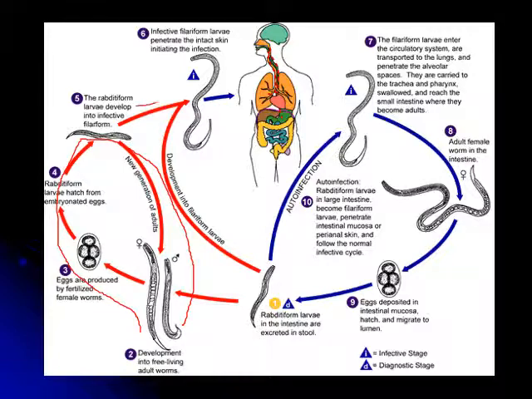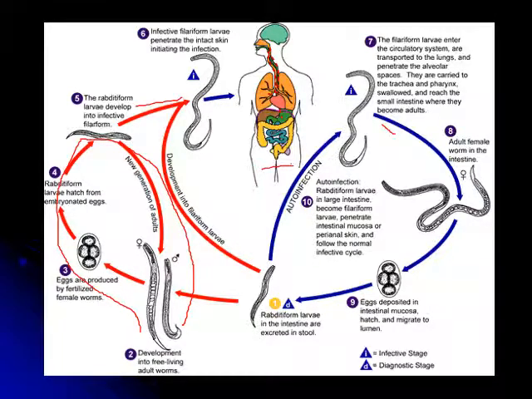When rhabditiform larva transforms into filariform larva, it penetrates human skin and makes the life cycle inside the human the same as in the case of ankylostoma.